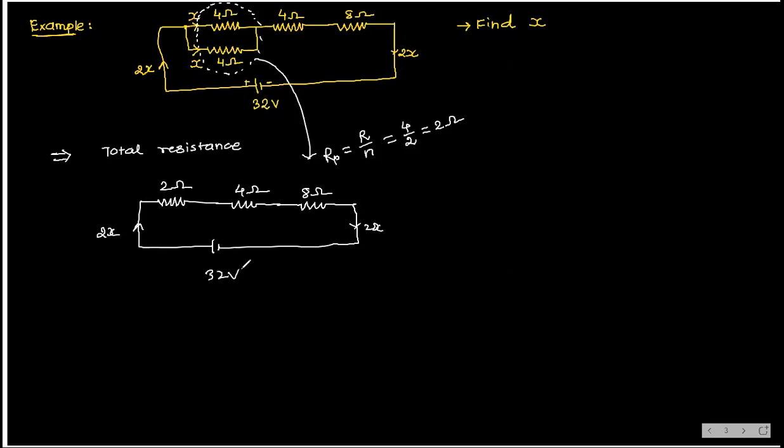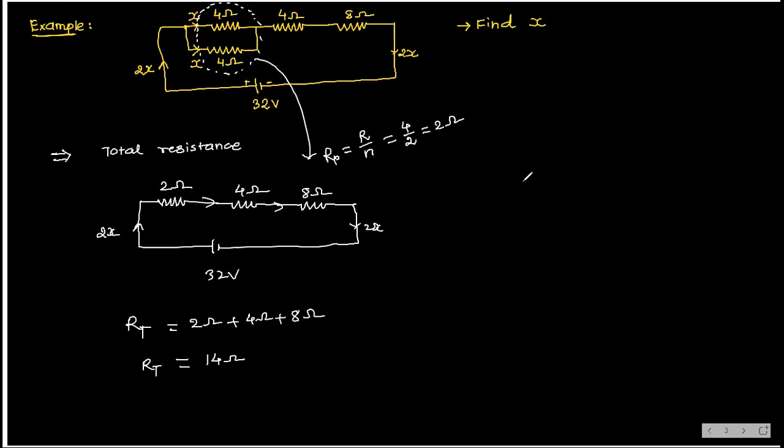So this is 32 volt. Now total resistance is what? RT is equal to 2 ohm plus 4 ohm plus 8 ohm, because the current is the same across all. So how much total resistance? 14 ohm.